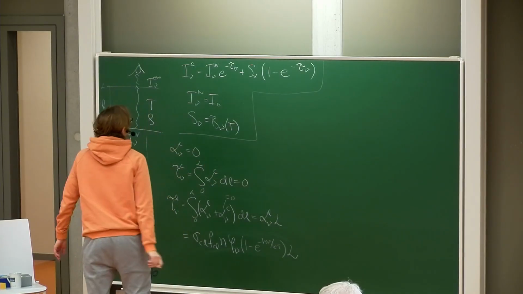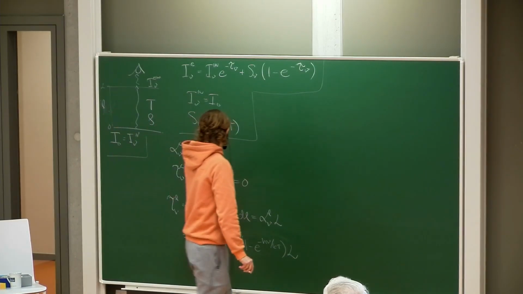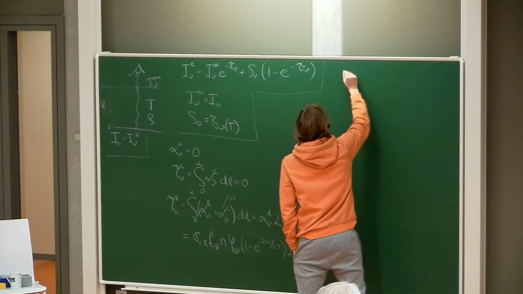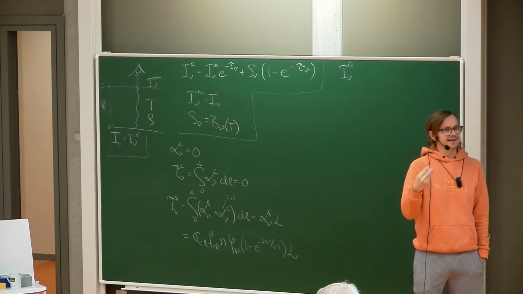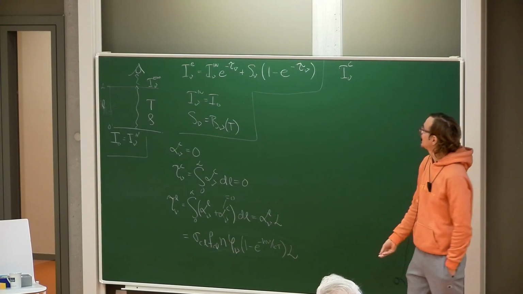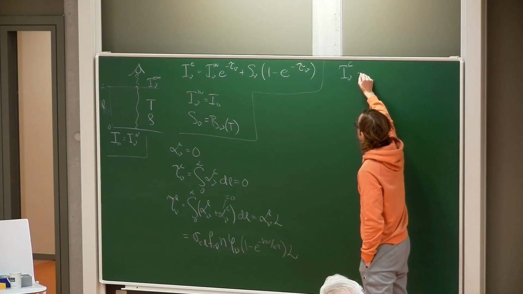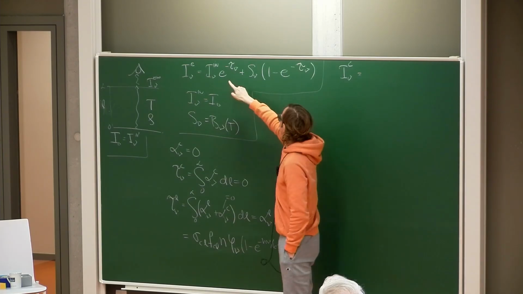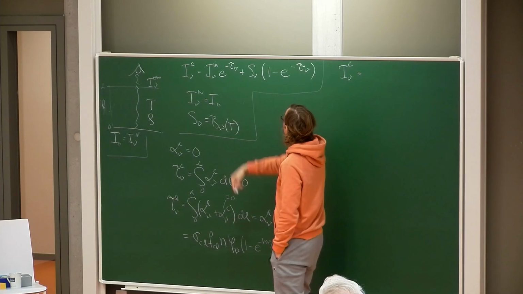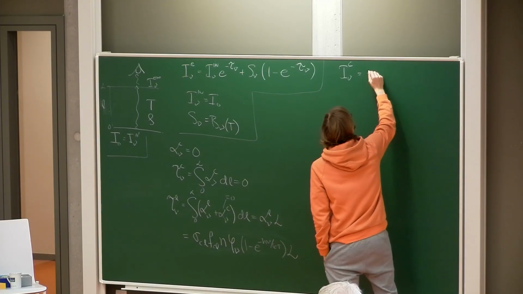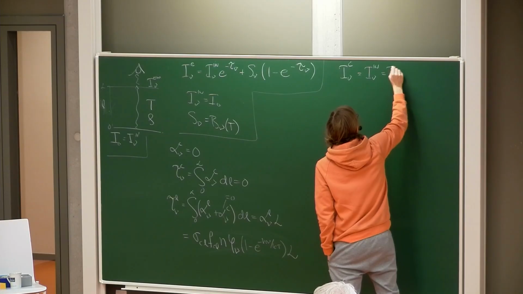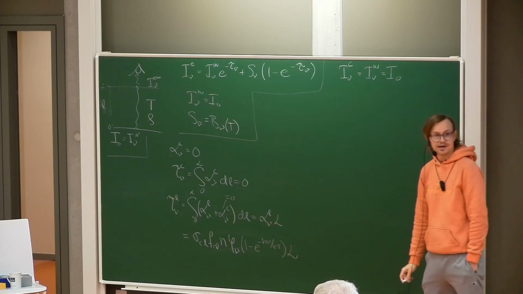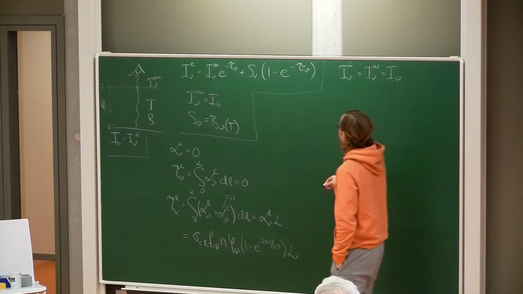Tau nu continuum is 0, so the solution for the nearby continuum, not within the line, is really trivial, right? This is identically 0, this is identically 0, then this is just I nu in, which is what we called I0, right?